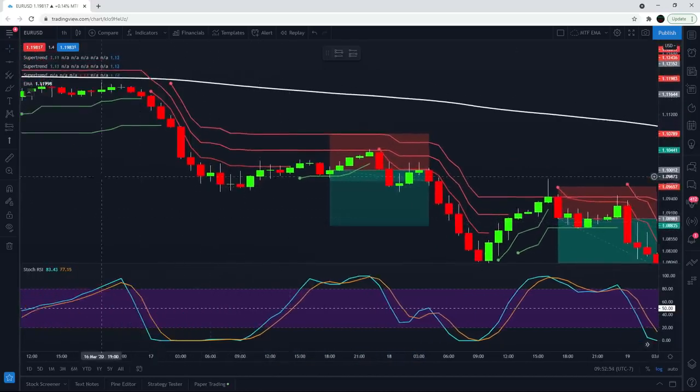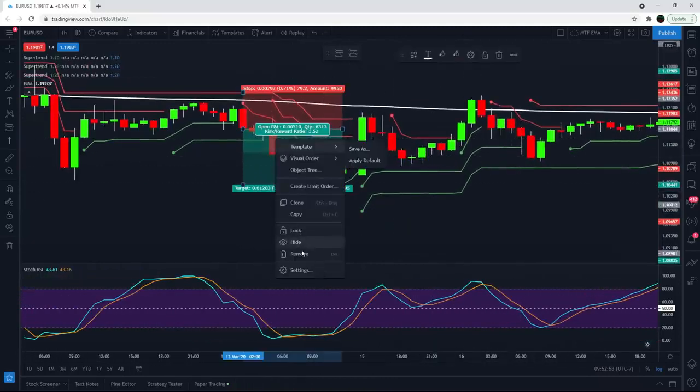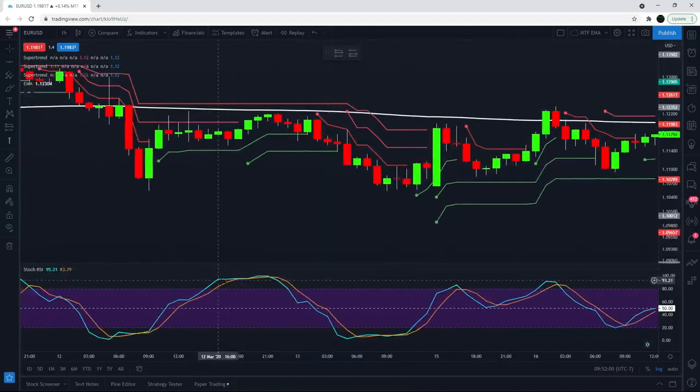And then on this next example, it's going to be a bit of a different story. What we're looking at here is we go overbought on stochastic RSI and then get a cross down on this candle. But there's only 1 super trend line above.